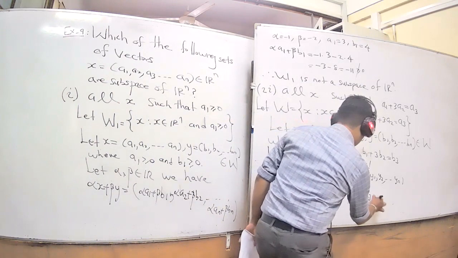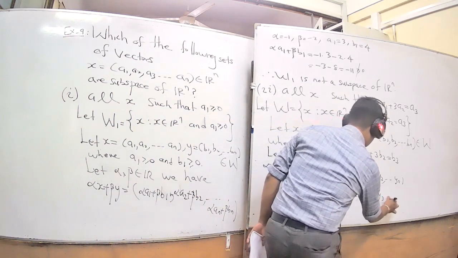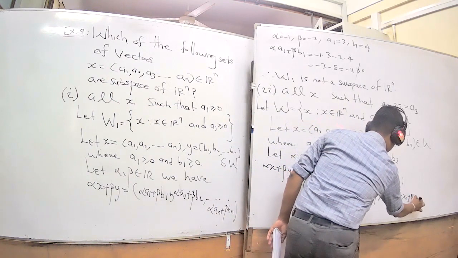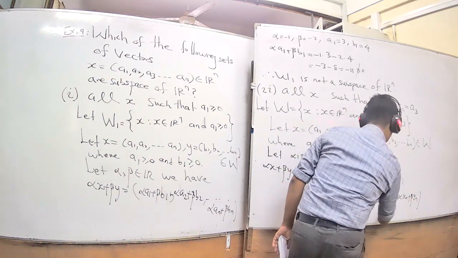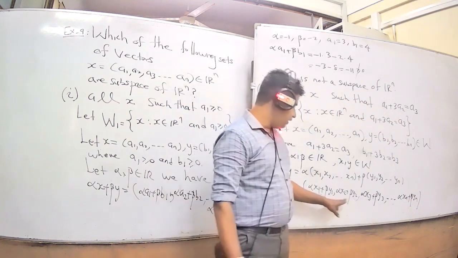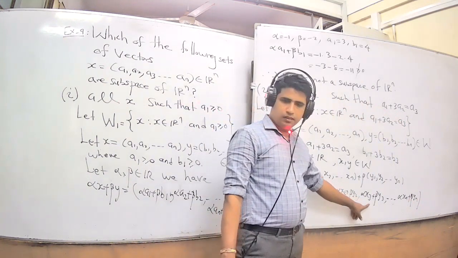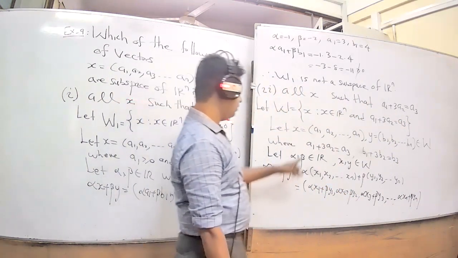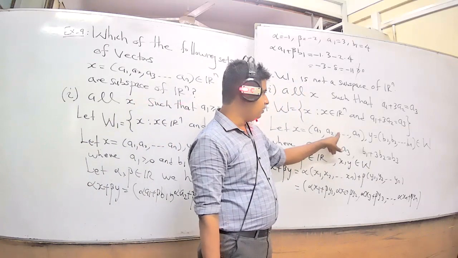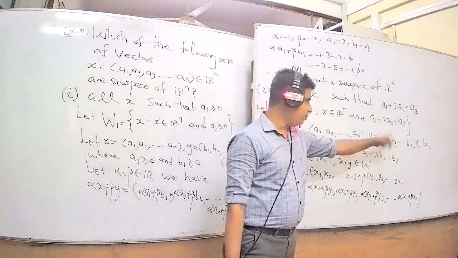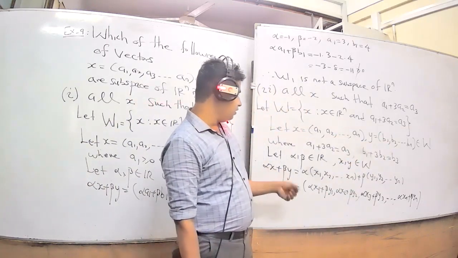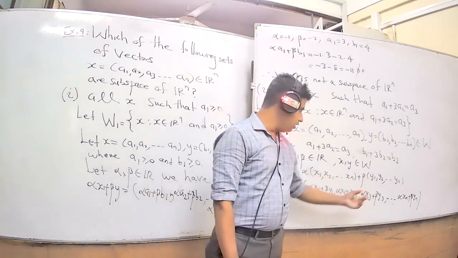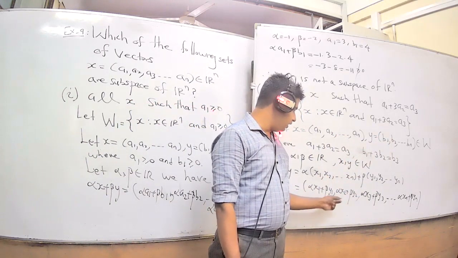Alpha x3 plus beta y3, and so on, alpha xn plus beta yn. So suppose you add a1 plus 3 a2, you get a3. Similarly b1 plus 3 b2, then you get b3. Similarly for this one, which term can you get? Alpha x3 plus beta y3, that is, this one plus 3 times this one.